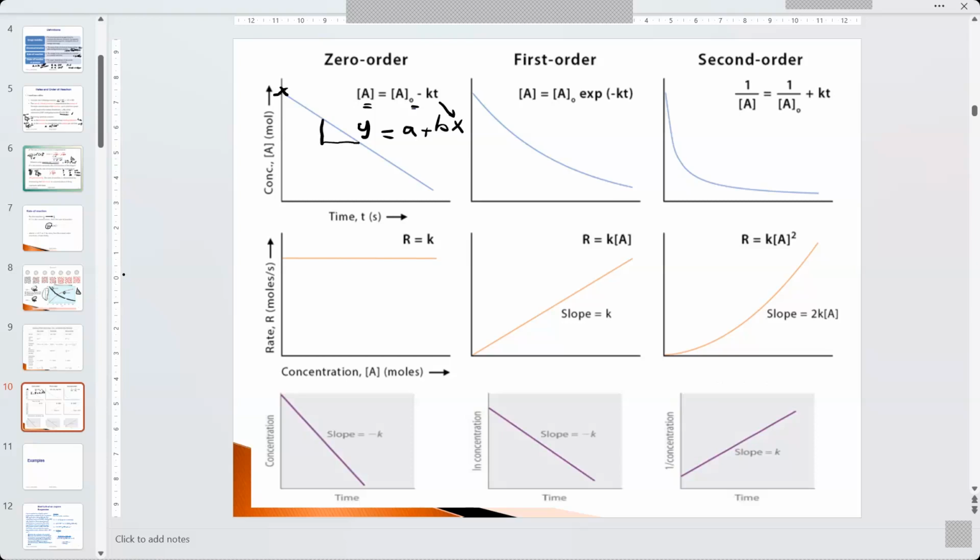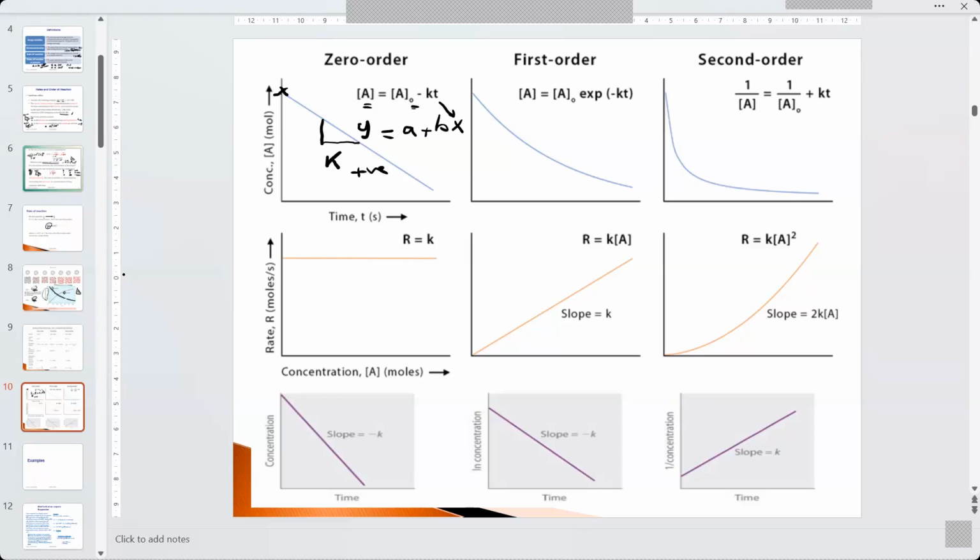And as I mentioned before, slope is equal to K. Here, the concentration is decreasing. K is always positive. So, since it is decreasing, then it should be minus K. Okay?